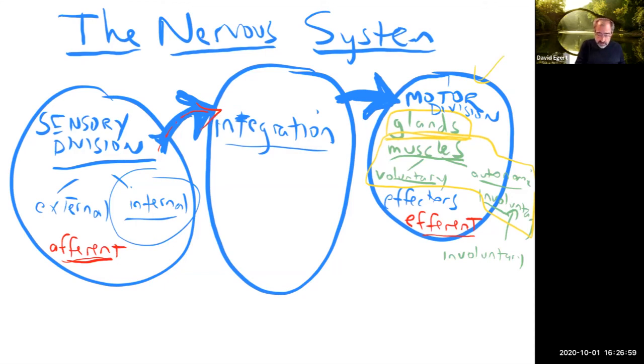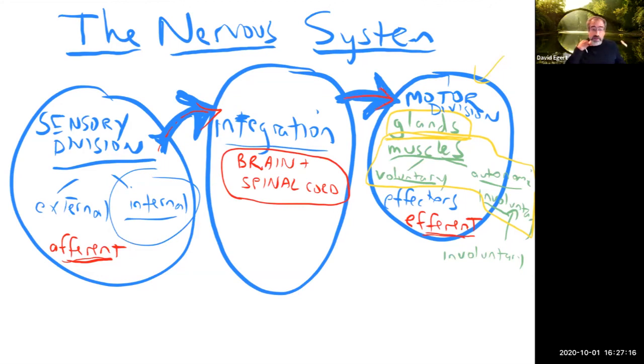In the integration, this is usually the brain and the spinal cord. The efferent messages, the things that are going to control things, are exiting the brain and the spinal cord. So afferent arriving into the brain and spinal cord, all your sensory information. Efferent exiting, with the E.